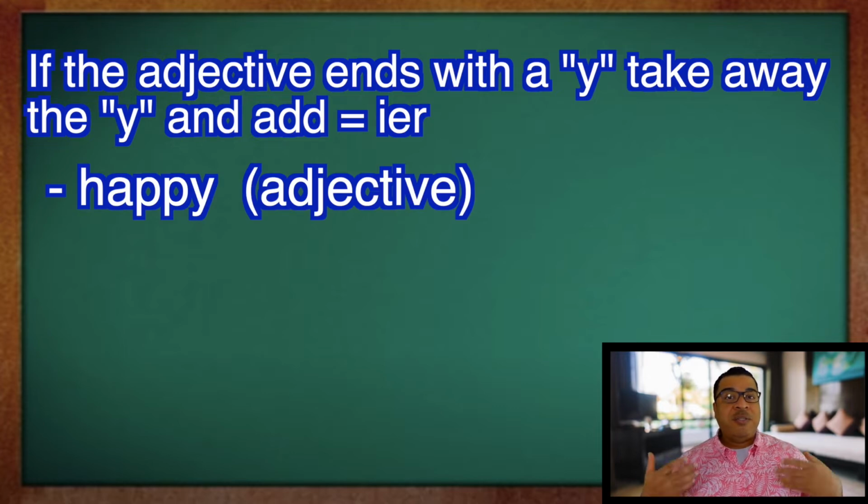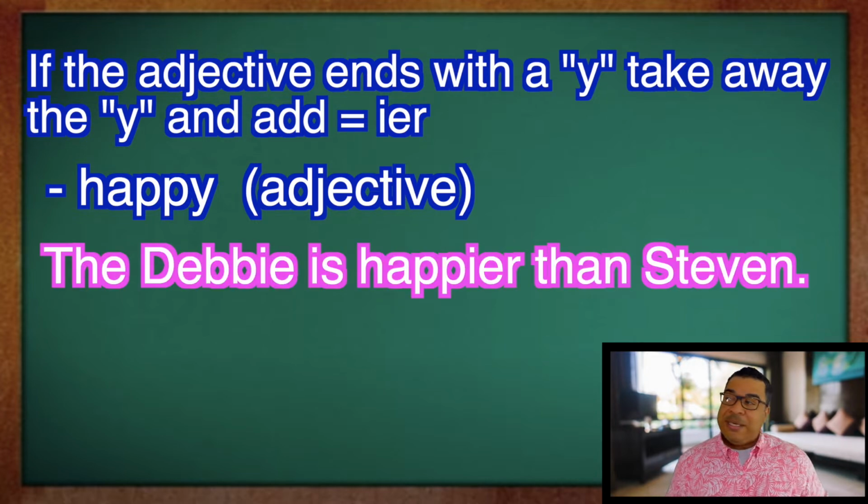When you're comparing two nouns, you have to take away that Y and add IER. For example, Debbie is happier than Stephen. Okay? So I took that Y away and added IER. So again, if the adjective ends in a Y, it does not matter. If it ends in a Y, take away the Y and add IER.